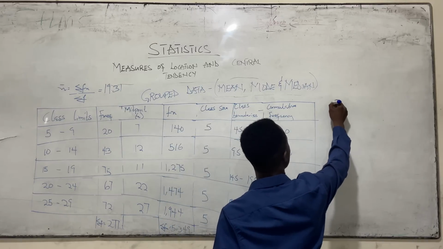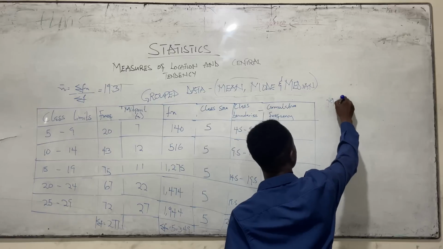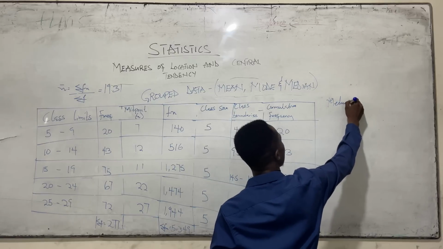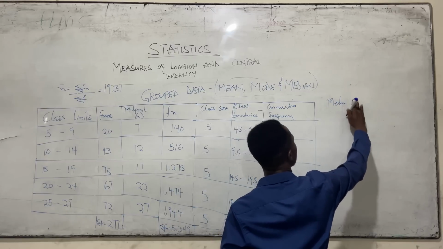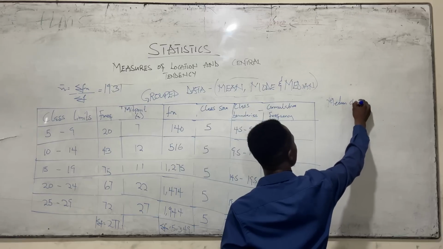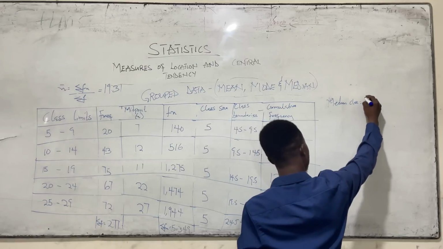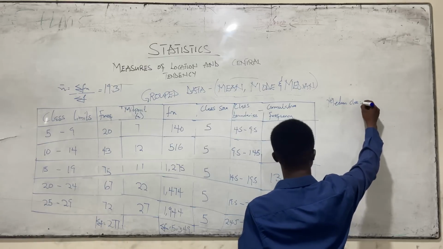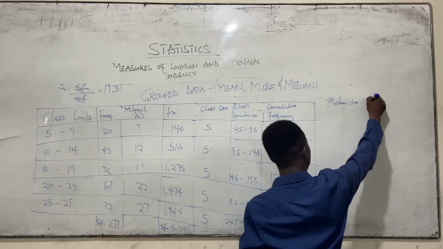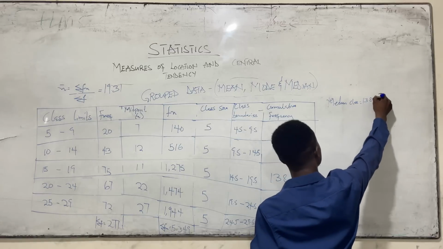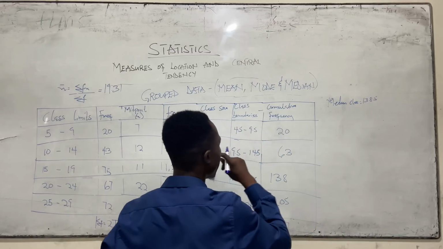Okay. So now our median was 138.5. So we are looking for the median class, which can be located in the cumulative frequency by 138.5.